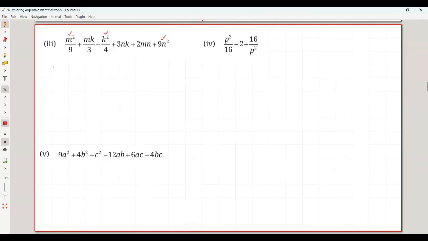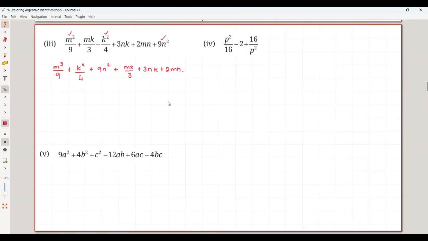We will be getting m square by 9 plus k square by 4. Next I am bringing 9n square. Next plus mk by 3 plus 3nk plus 2mn.